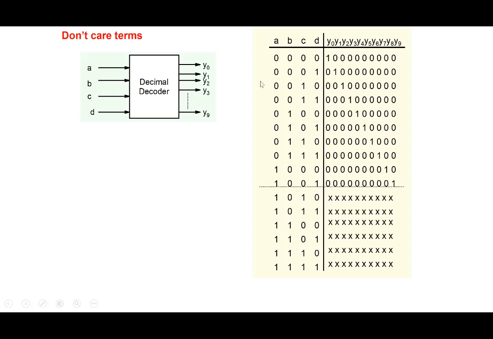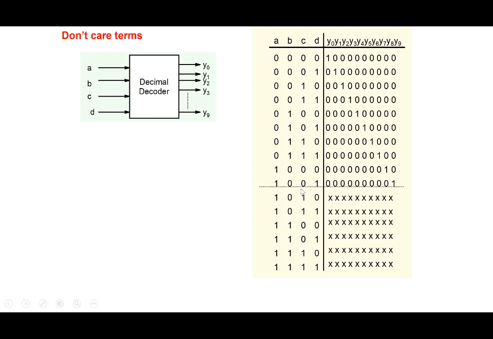So if you have the number 0001, it means that the value of this particular number is 1, so only y1 is 1. If you have 0010, the value is 2, so only the second bit is 1, all others are 0. Then 0011, so only y3 is 1 here.